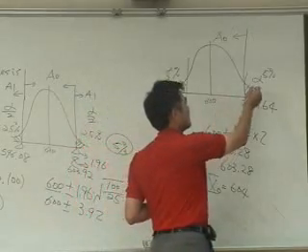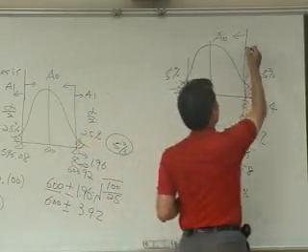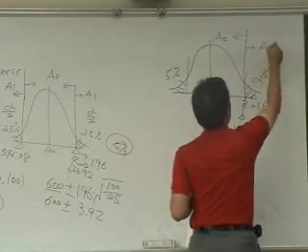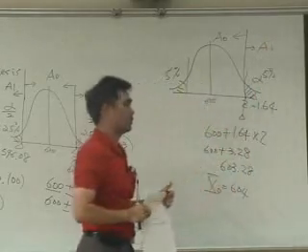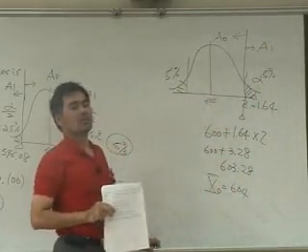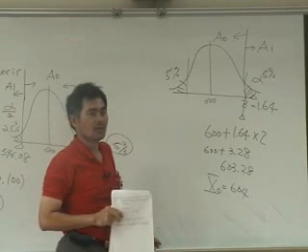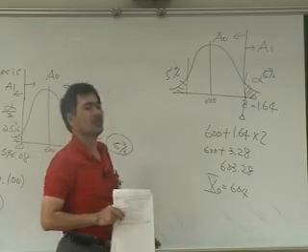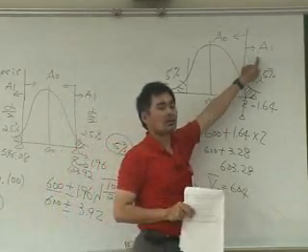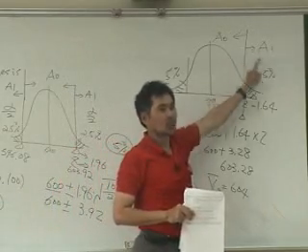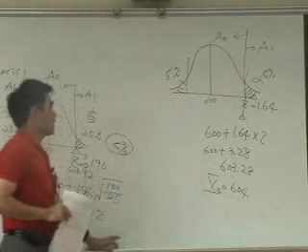But because here it is in this region, right? So you're going to see A1. Then you believe H0 is not right. H1 is right. Okay? You accept H1, reject H0. Okay?